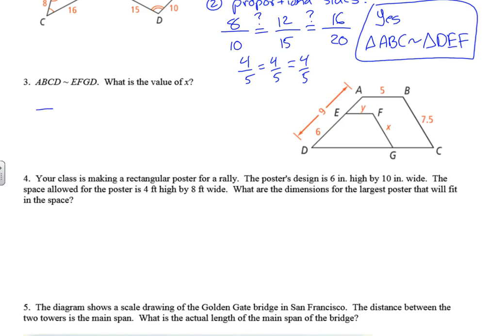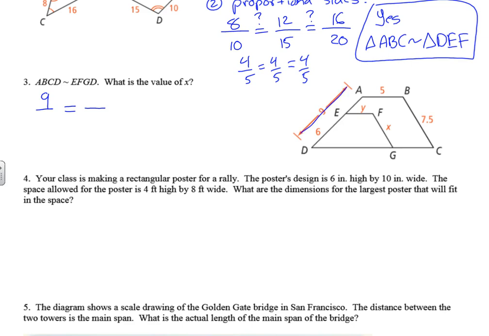So in this scenario, we're looking for corresponding parts here that we know. So if we take this big trapezoid, or what looks like a trapezoid, I'm going to look at this side AD, which is 9, and AD corresponds to ED.